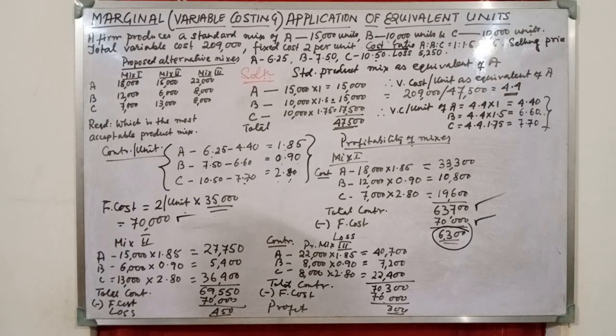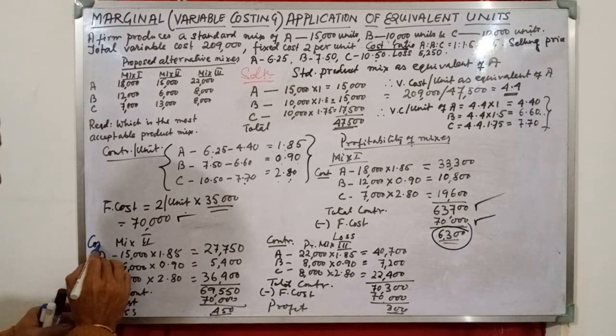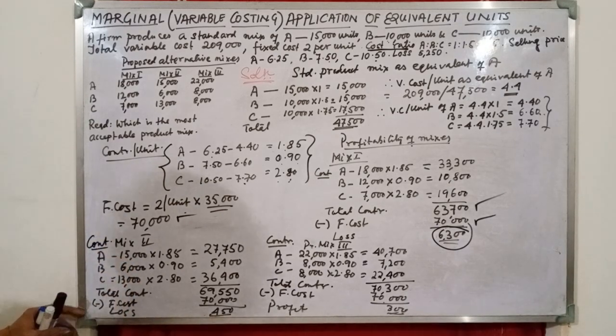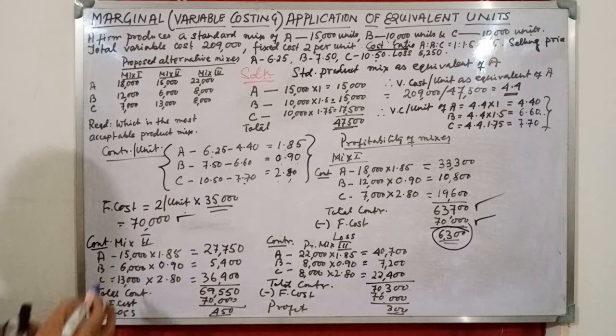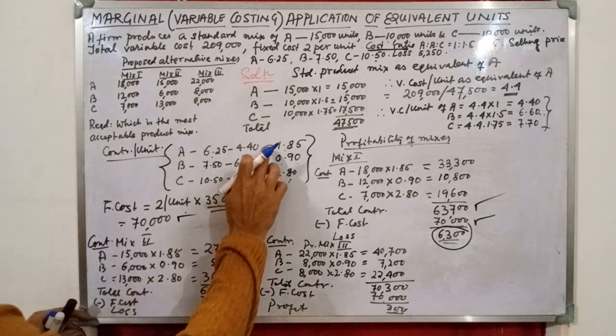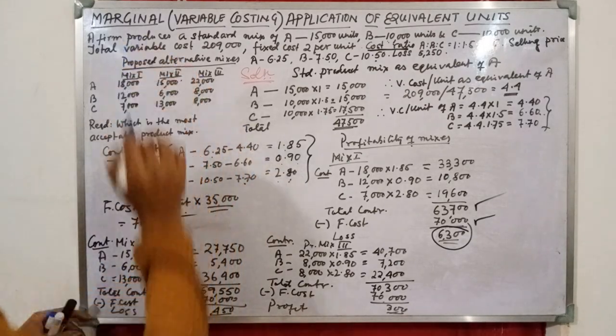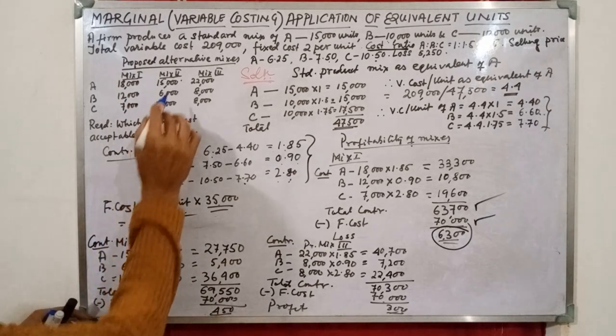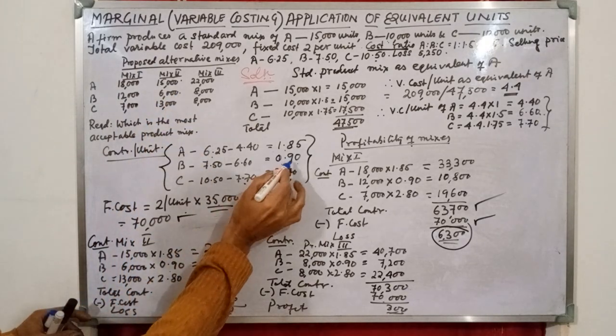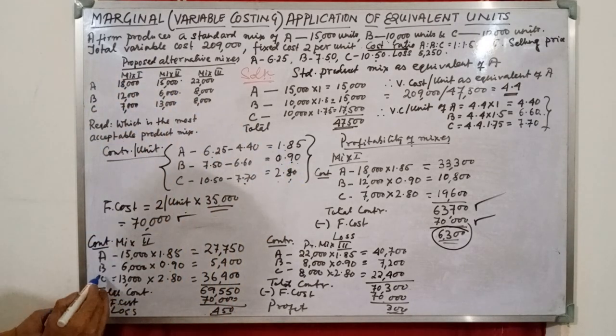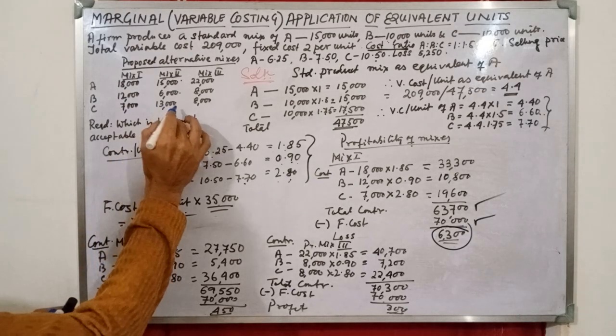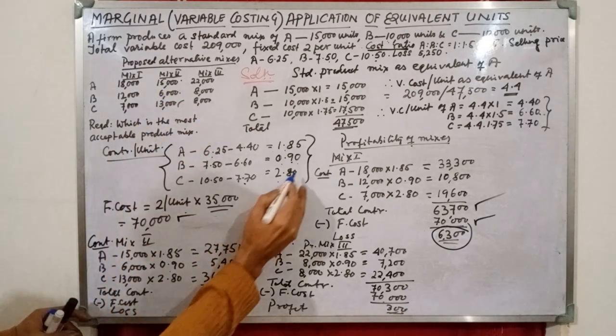Now let us see what is happening in case of product mix 2. Total contribution of A is 15,000 into 1.85, of B is 6,000 into 0.90, and total contribution of C is 13,000 into 2.80.